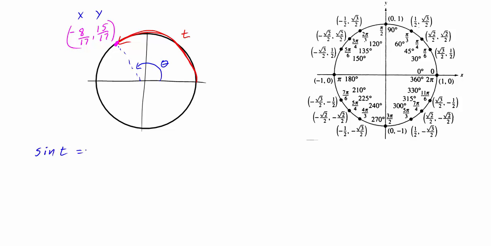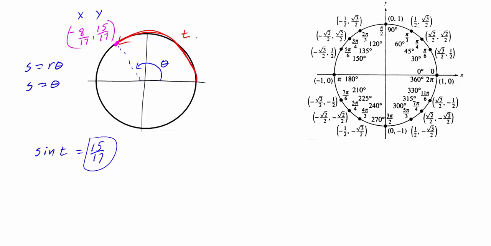So in this case, our y value is simply 15 over 17. So the sine of this real number is really the same thing as the sine of our angle theta, because theta and t are the same: if s equals r theta, and r is equal to 1, then s has to be equal to theta.